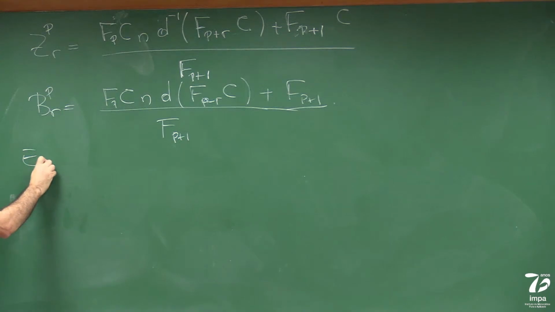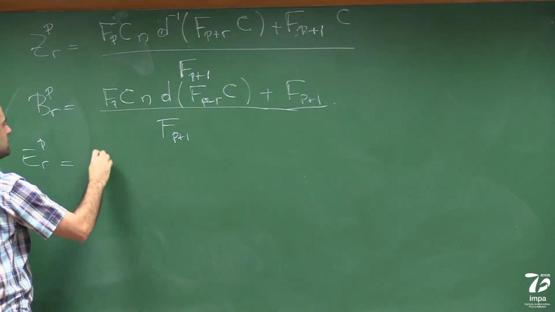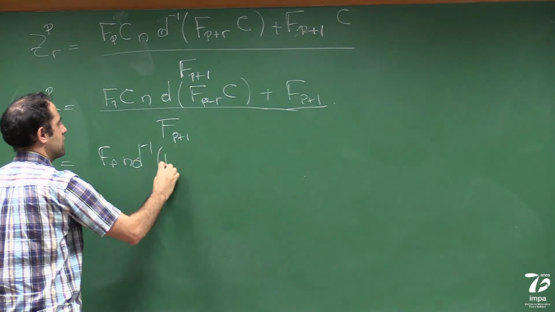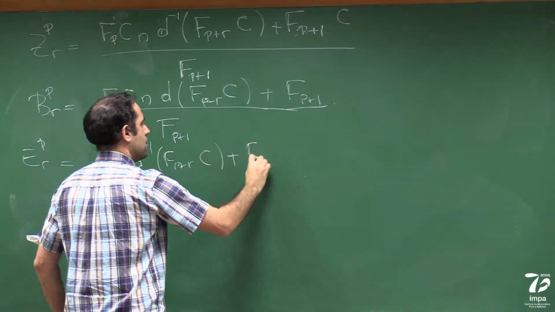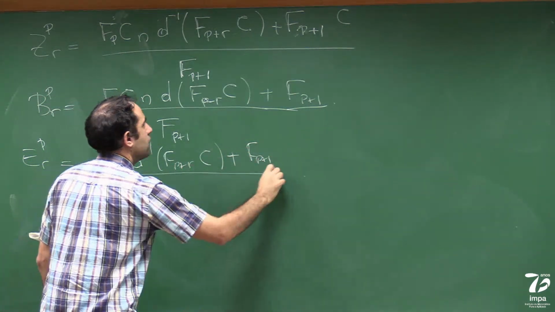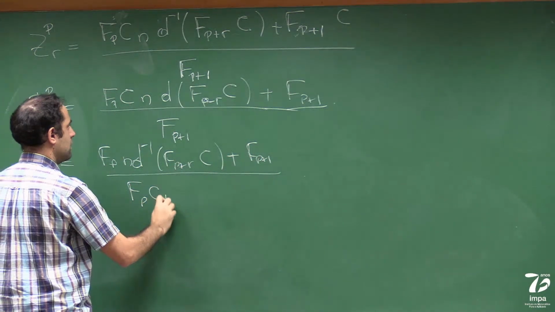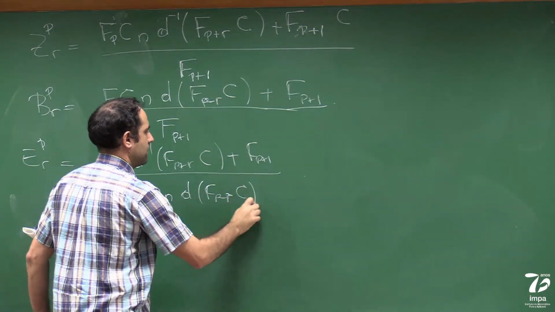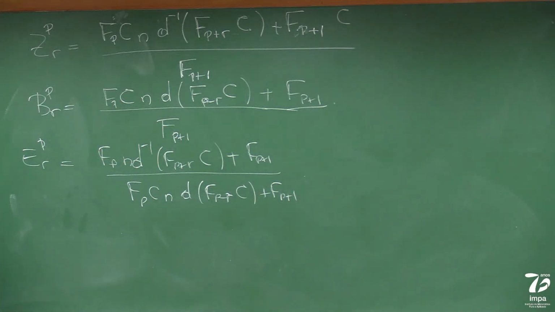And E^r_p, therefore, is just the quotient of these two maps, which is F^p intersect the image of F^{p+r} C plus F^{p+1}, divided by F^p C intersect d of F^{p-r} C plus F^{p+1}. But let's compute it explicitly, because it's very explicit.